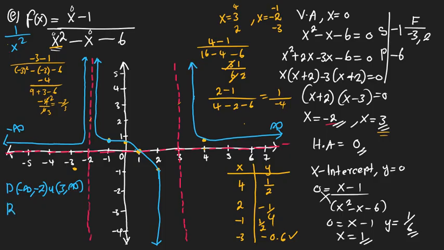The range will be coming from negative infinity to 0, then 0 to positive infinity. That's how you graph these things. If you check, I'm using the same concept, same concept, same concept. Practice makes everything perfect.